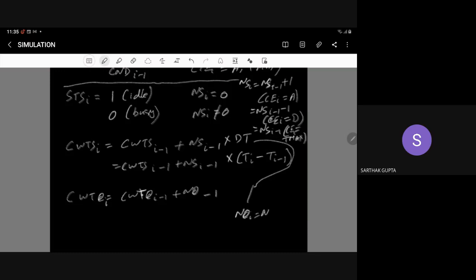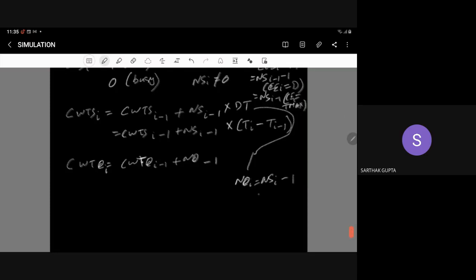NQi is NSi minus 1 when NSi is greater than 1. When NSi is equal to 0 or 1, then NQ is equal to 0. Otherwise we take NQi as NSi minus 1.